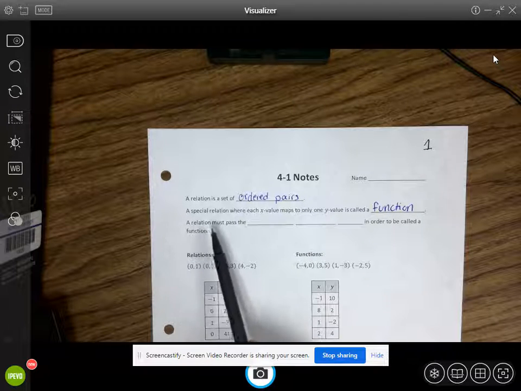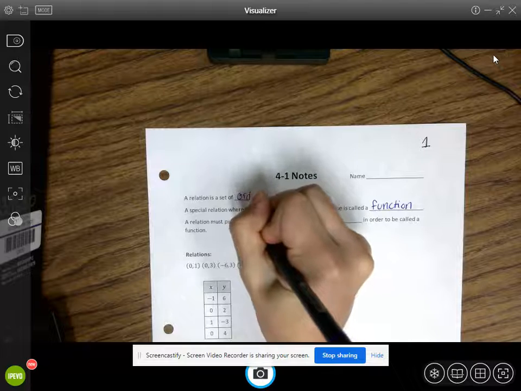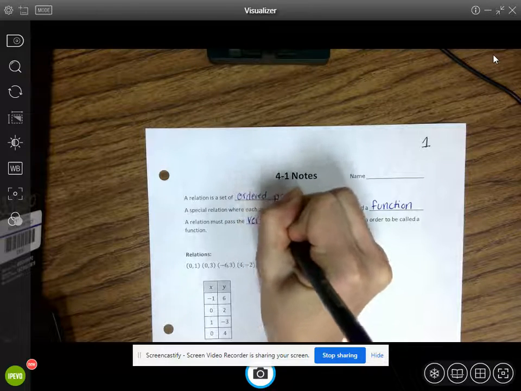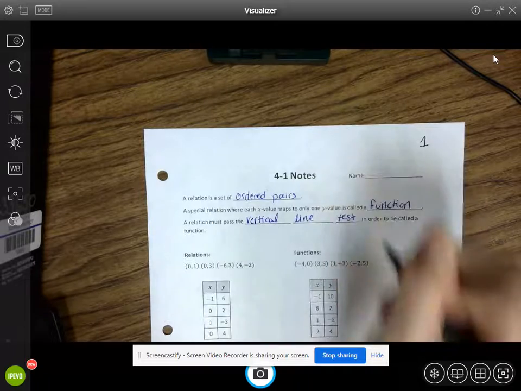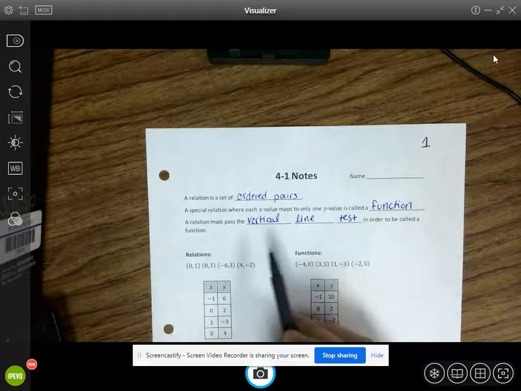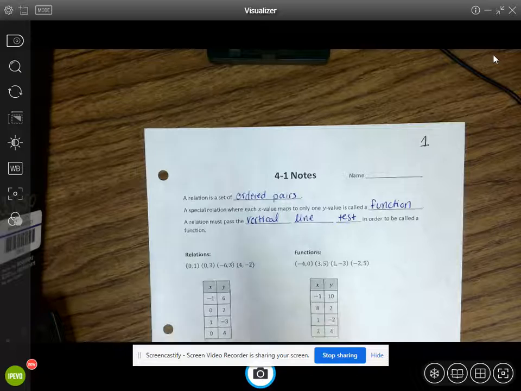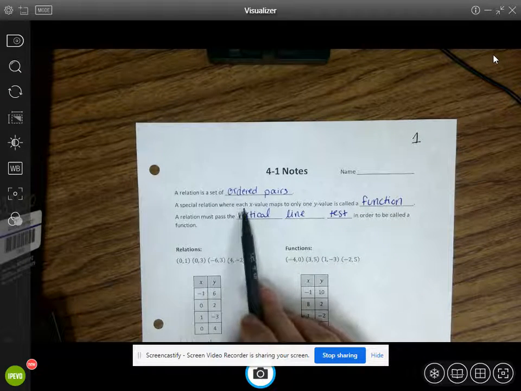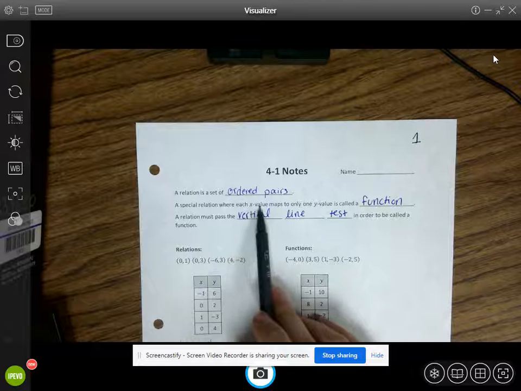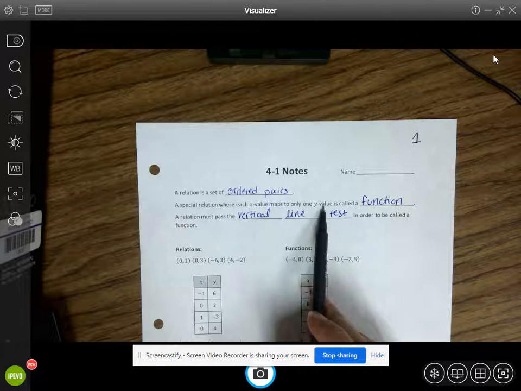A relation must pass the vertical line test in order to be called a function. So every function means every x value has only one y value.